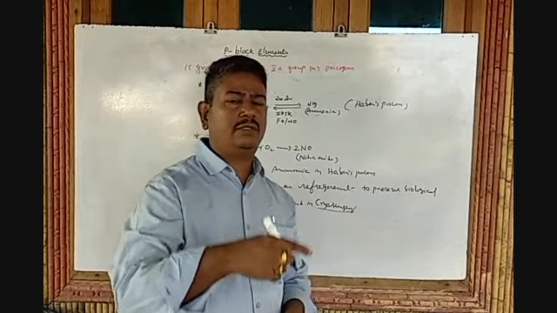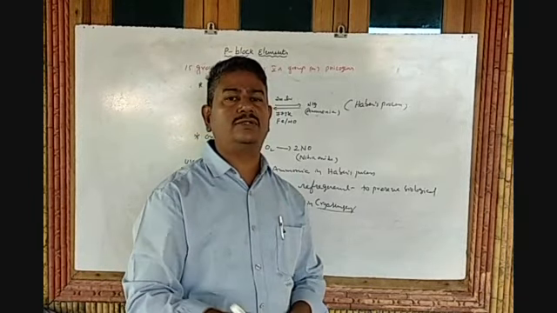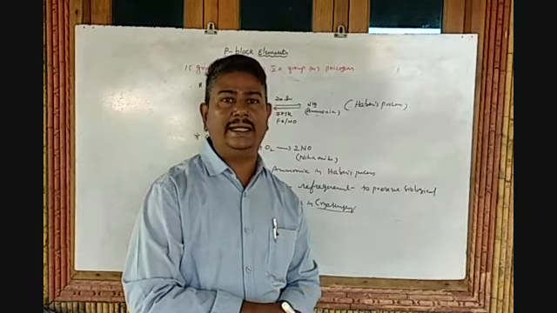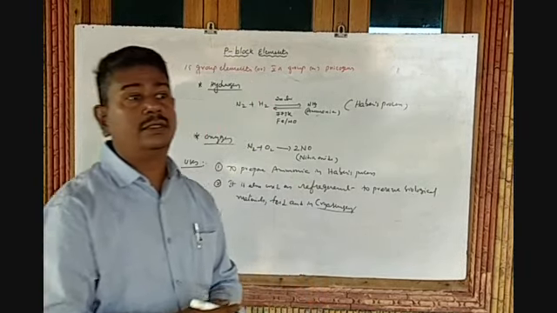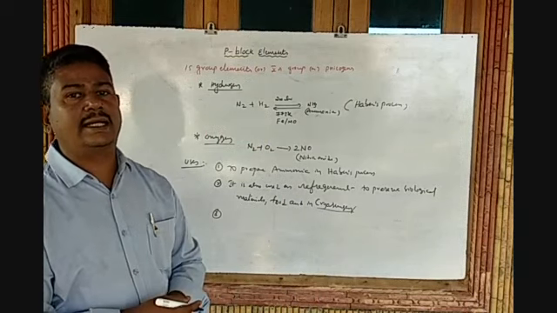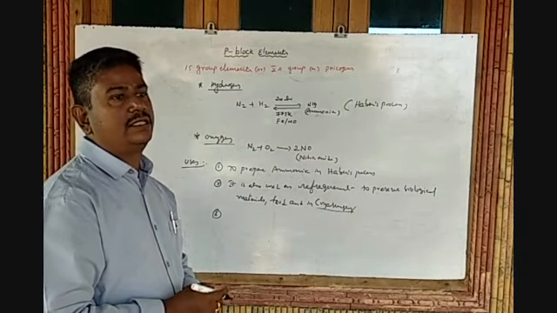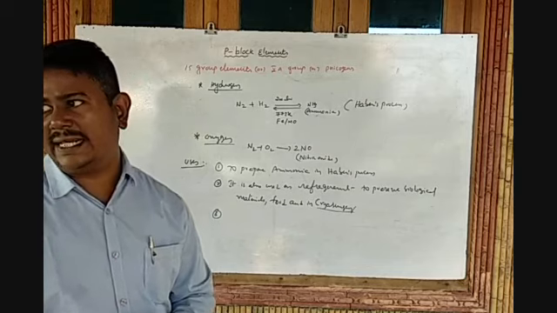Previously we discussed that it is a non-combustible gas, so that's why it is used in fire extinguishers. And nitrogen can also be used in the preparation of explosives, like NCl3, which is nitrogen trichloride, and trinitrotoluene.